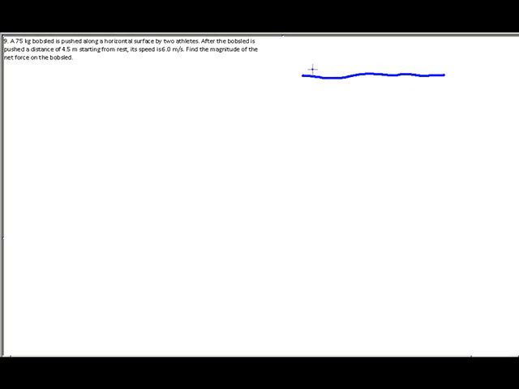So we have a bobsled, and that bobsled is being pushed. And that bobsled is going to achieve a certain speed. And the question is, what is the net force that is applied? Now, this is once again an issue of work done.